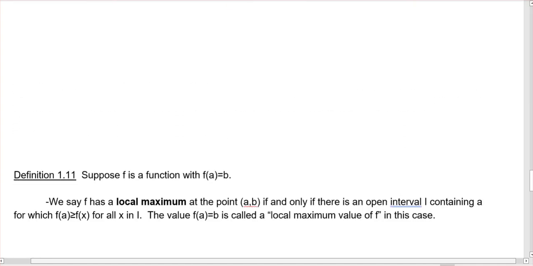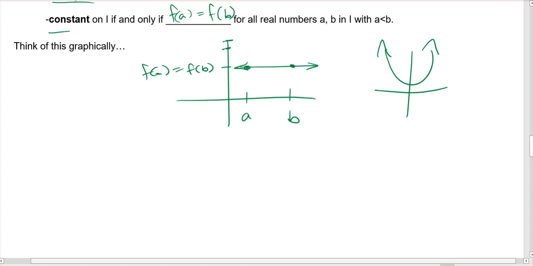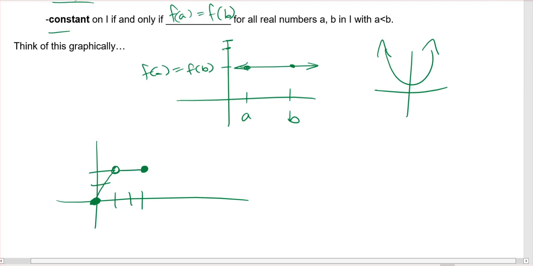So on graphs, let's draw a picture. Maybe we can have a relatively simple one here. All right, so here's the function y equals f of x.